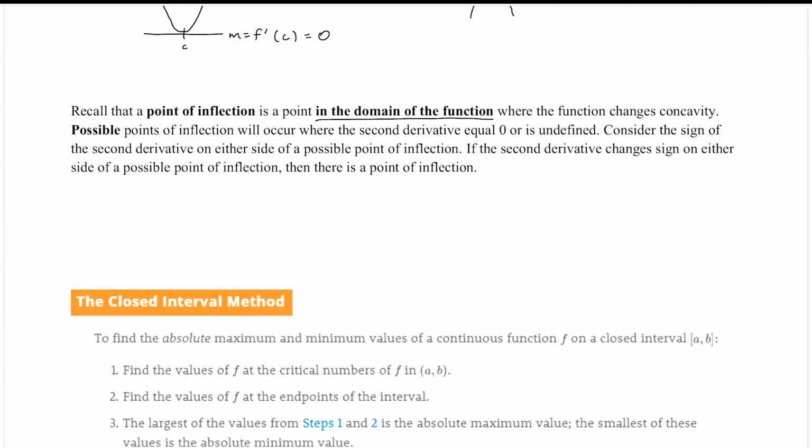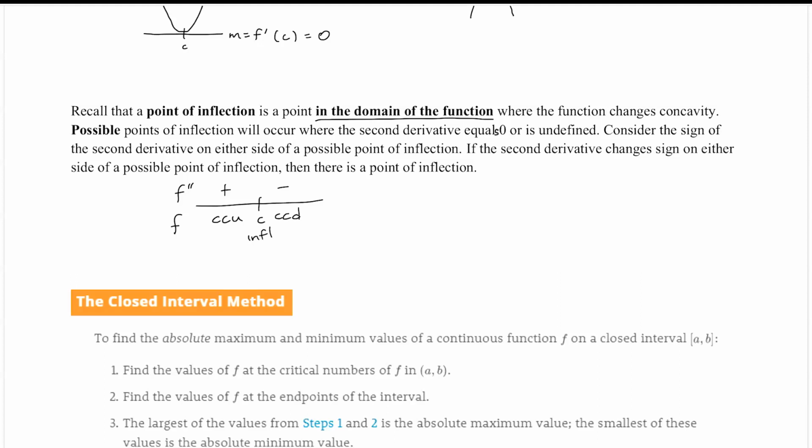And then remember, again, from Chapter 2, a point of inflection is a point, and it's got to be in the domain of the function, where the function changes its concavity. So we can look for those where the second derivative either equals 0, or is undefined. What you want to do is look at the sign of the second derivative on either side of a possible point of inflection.